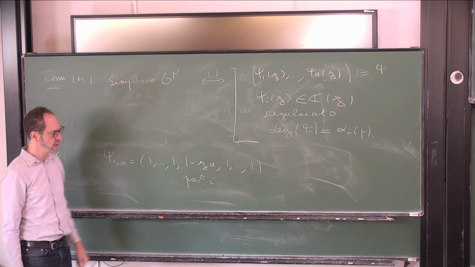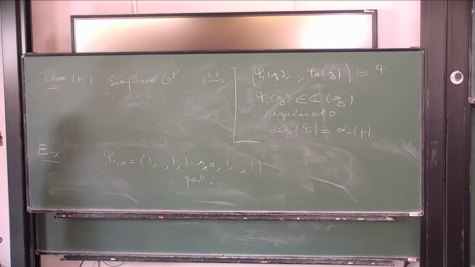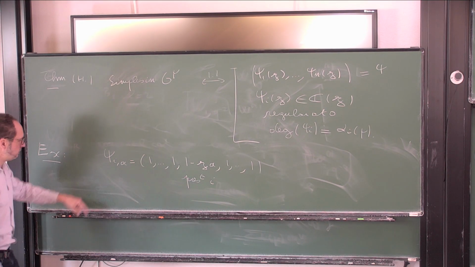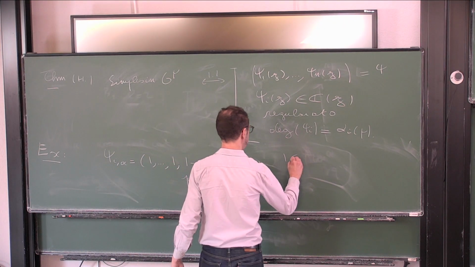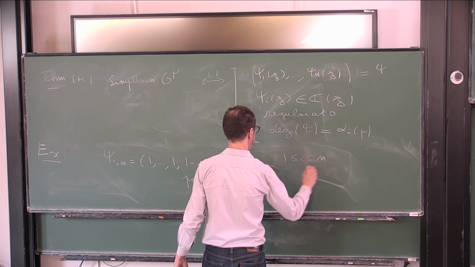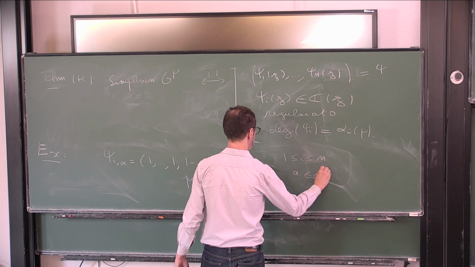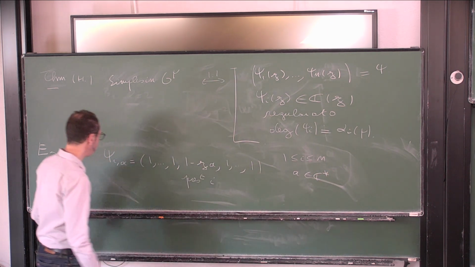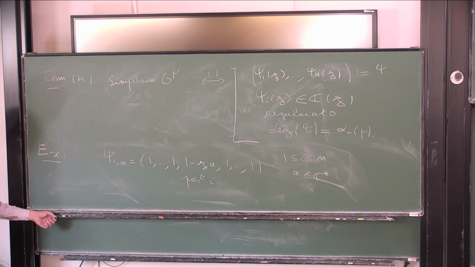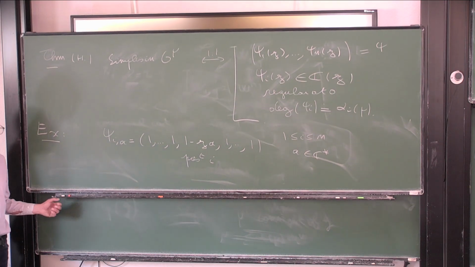I will explain this later. This is done for each vertex of the Dynkin diagram and each complex parameter. Now we wonder what the representation corresponding to this collection is.